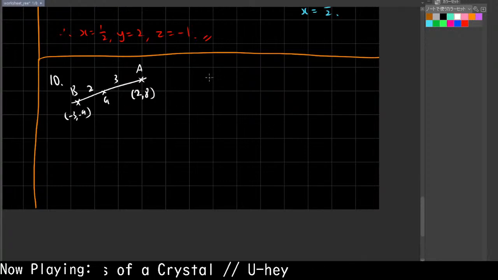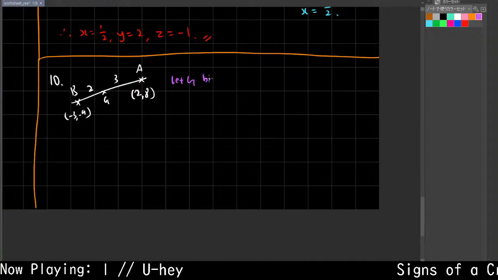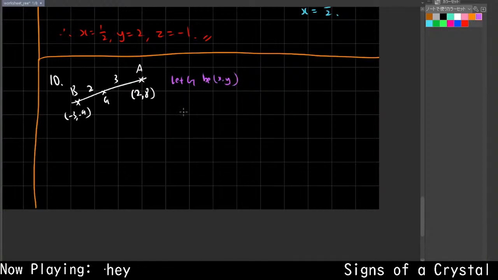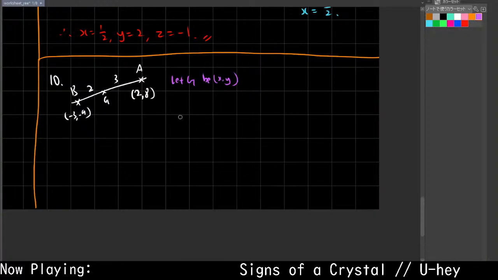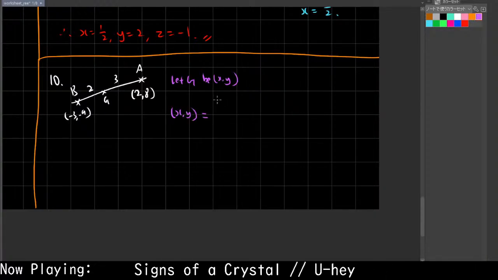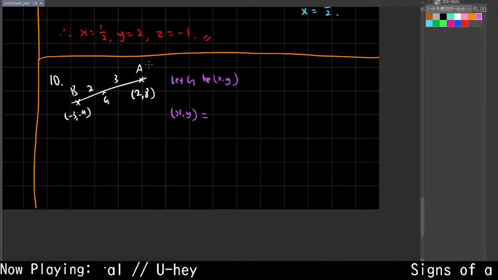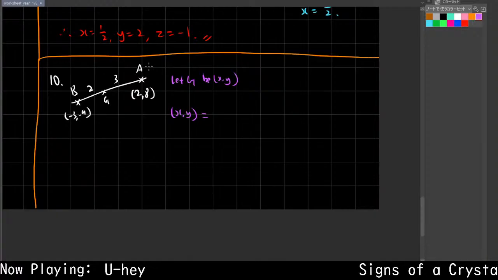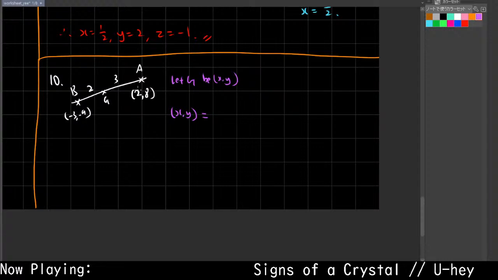So let G be X comma Y. So G, X comma Y is equal to, remember it's multiplied by the cross, so 2 times 2.